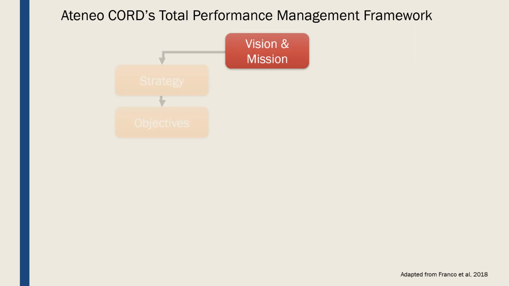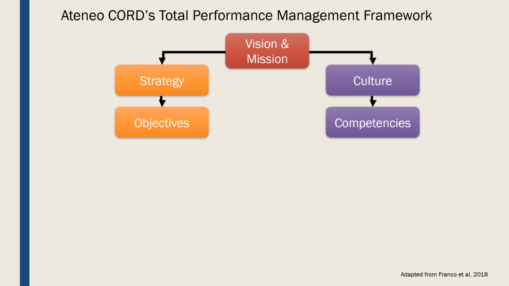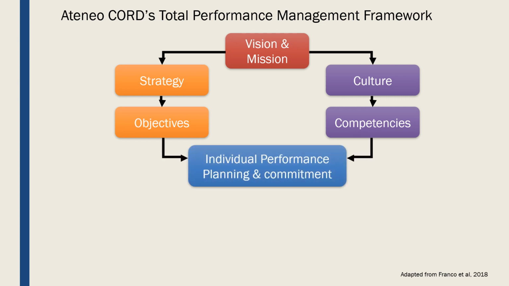Sabi natin sa strategic planning, madedefine dito yung strategy and objectives, but the vision and mission also defines the culture and the competencies that the organization needs. And from these two wings, lumalabas yung individual performance planning and commitment. Ano bang ine-expect sa bawat individual para magawa yung mga strategiya mo at para maging aligned yung kultura at saka yung mga competencies ng mga tao doon sa vision and mission.